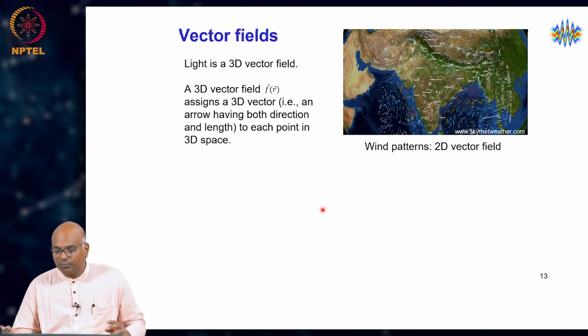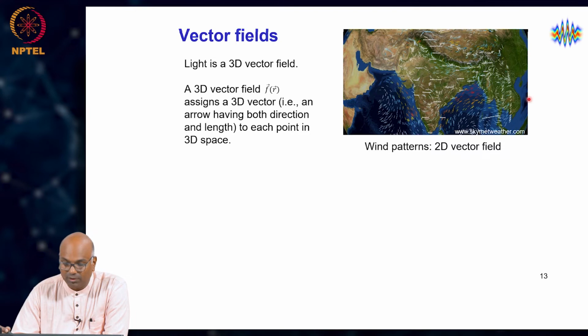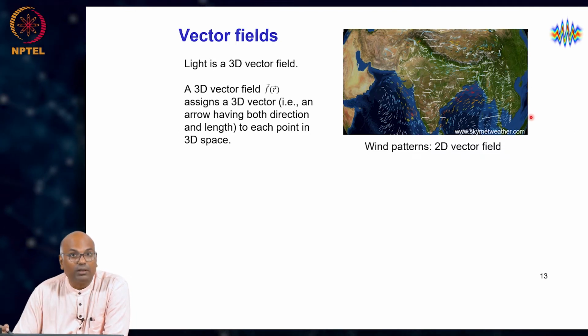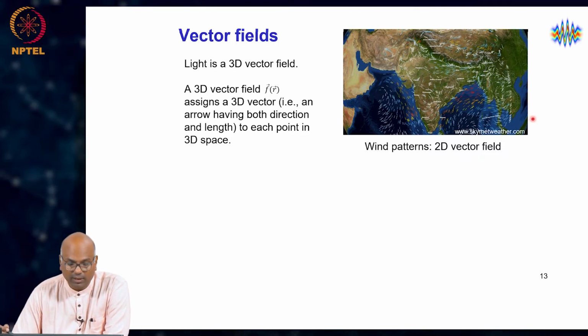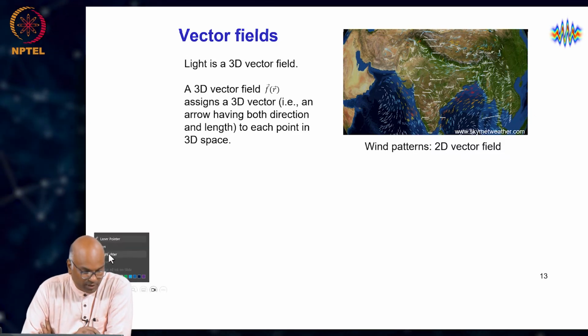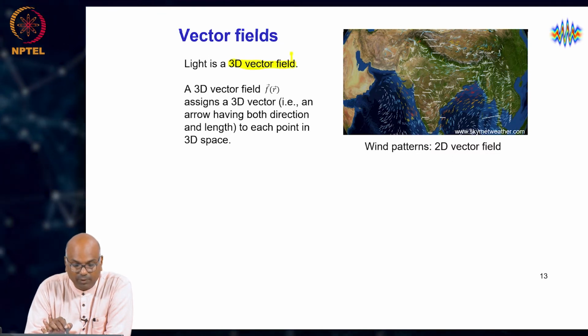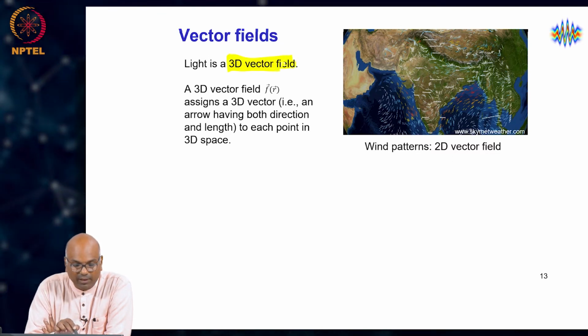Now we should become familiar and comfortable with the concept of vector fields as we go along. That is simply for the reason that light is essentially a three-dimensional vector field. Okay. So, what do we mean by a field?